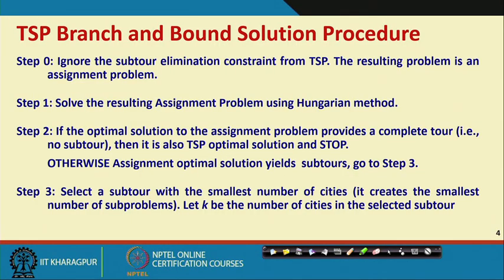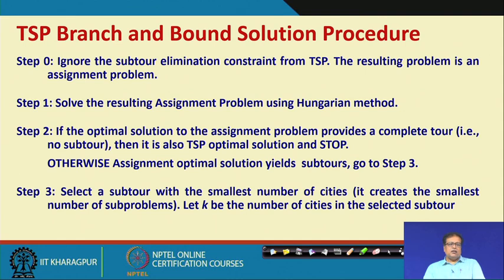But what happens if it is not? As you can see here, the steps once again: ignore the subtour elimination, and the resulting problem is an assignment problem. Solve the assignment problem by the Hungarian method, and if the optimal solution provides a complete tour, that is, no subtour, then it is also the travelling salesman problem optimal solution.